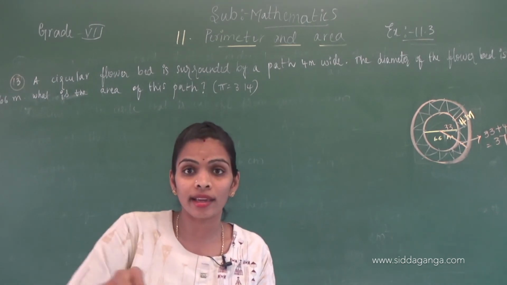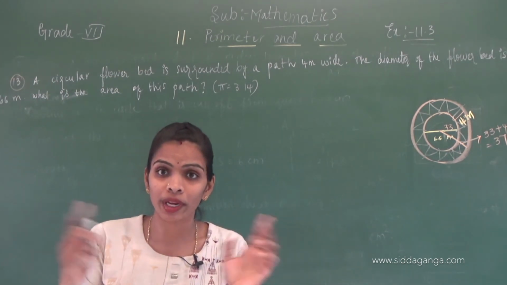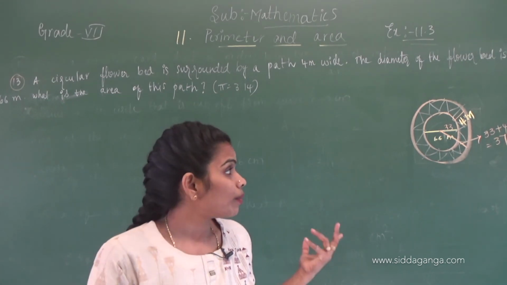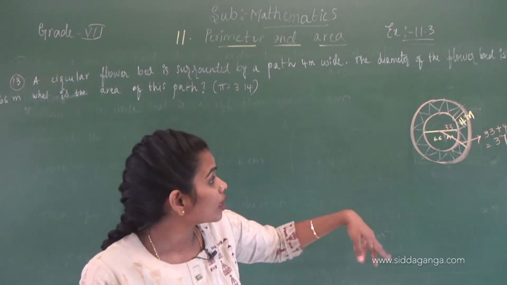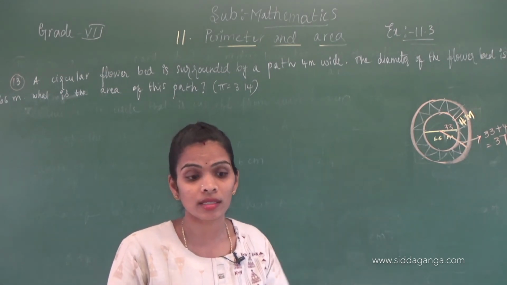The outer circle has a radius of 37 meters. Take the difference between the inner circle and outer circle, then we will get the answer.